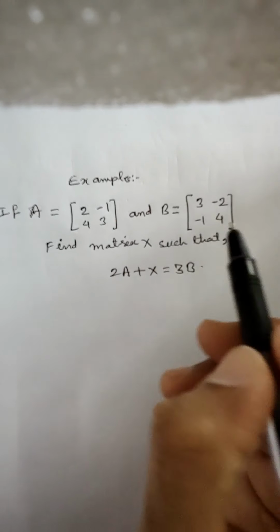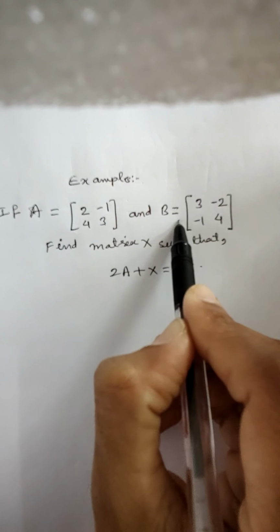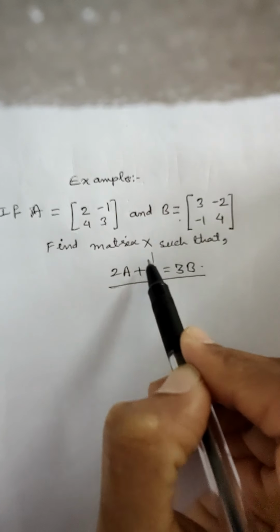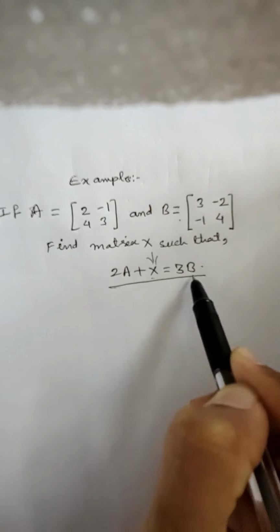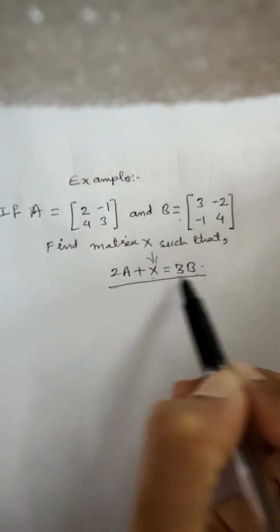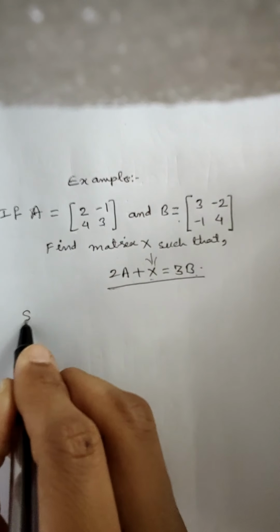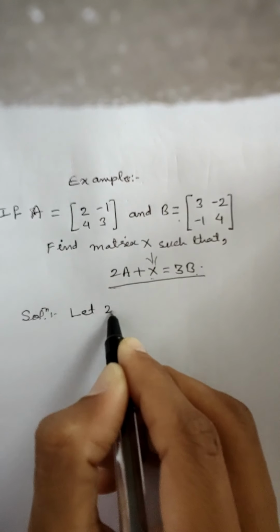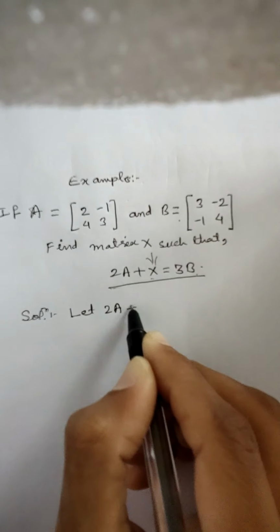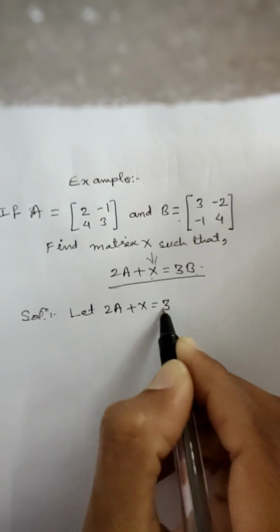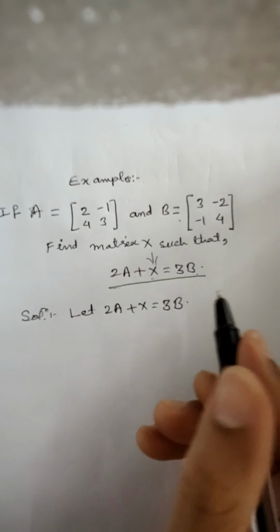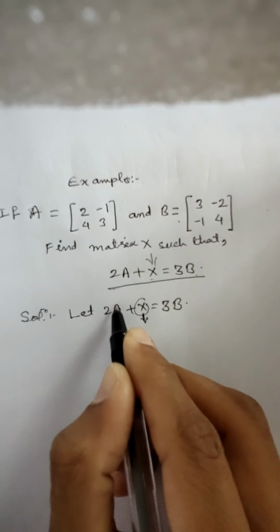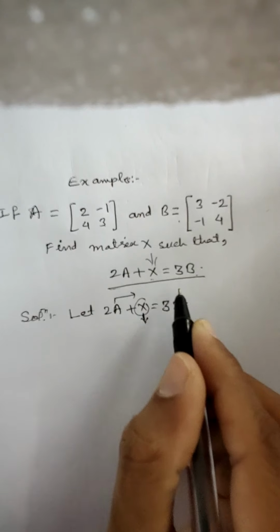So these two matrices are given and one equation is given to us, and it demands that we find the value of X from this equation. This is a simple equation. It is given that 2A + X = 3B, and I need to find X. So I am keeping X here and shifting 2A to the other side.